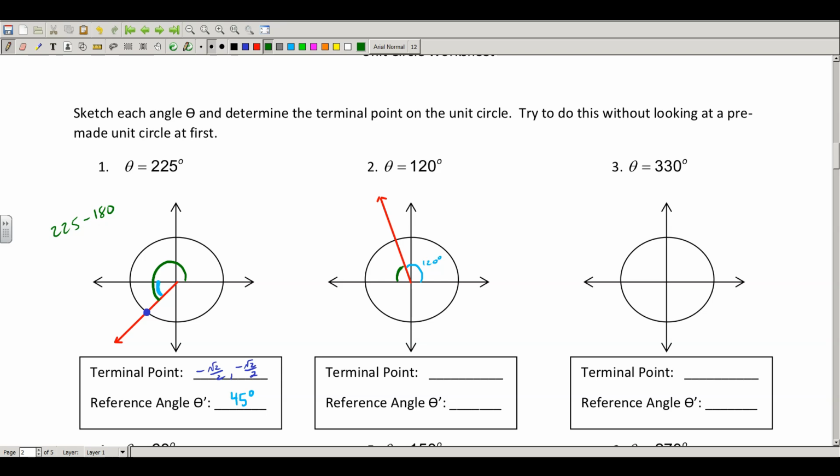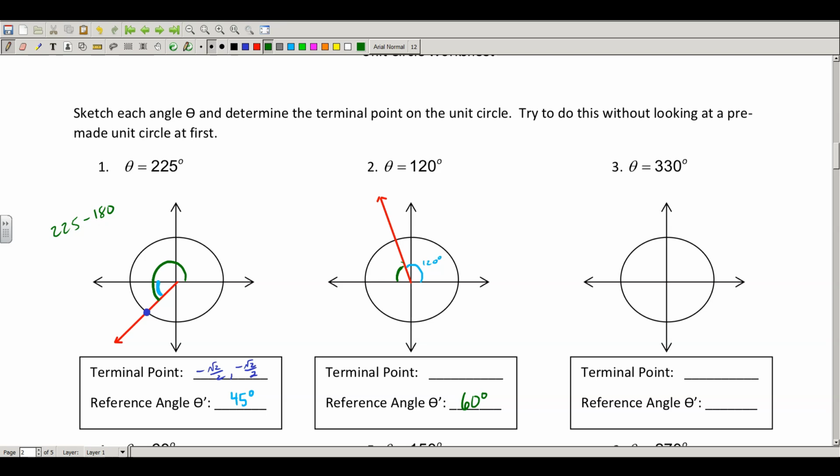And that has to be 60 degrees. This is 60 degrees for the reference angle. Because when we draw it, we are trying to find that little acute angle, and you have to reason your way through what I have to do to get that. I've already gone 120 degrees, so I have to go another 60 degrees to get back to the x-axis. Therefore, the reference angle is 60.